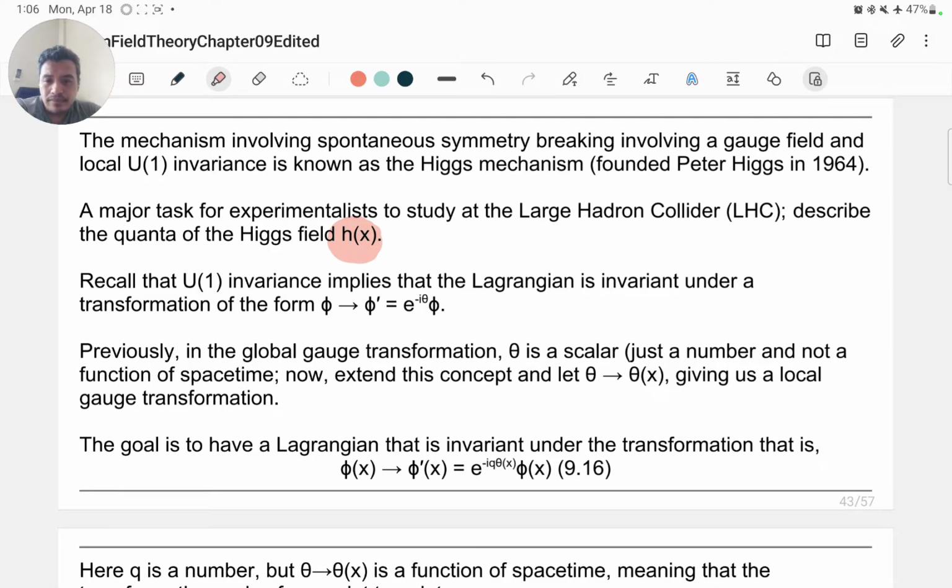So the global invariance states that the phi transforms into phi prime with this transformation, where theta is not dependent on space-time. But for a local one, we consider that the theta is dependent on space-time.